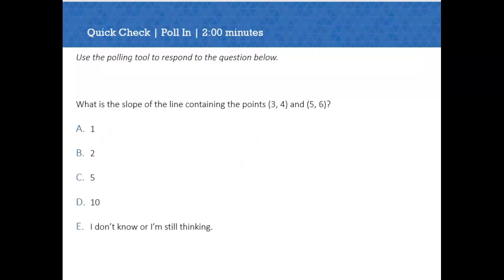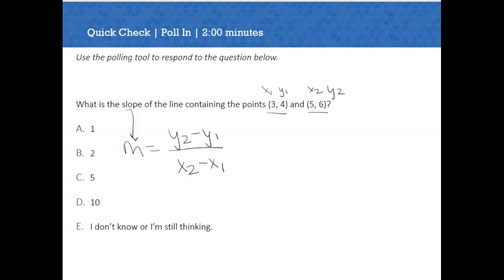Here's a question asking, what is the slope of the line containing the points (3, 4) and (5, 6)? We just talked about that slope has a formula. Slope is represented by the variable m, and the x's and y's are just from an ordered pair.